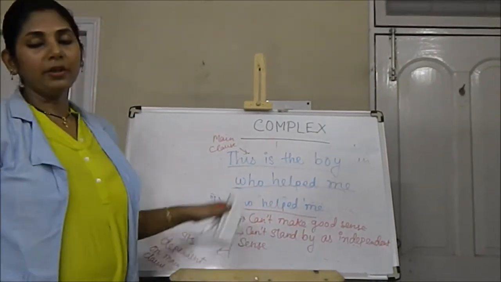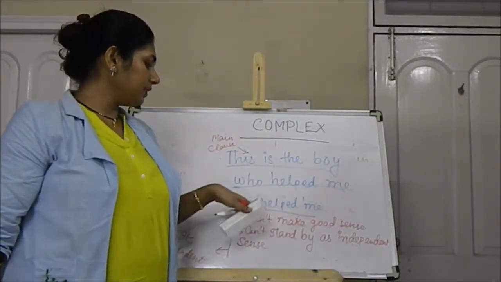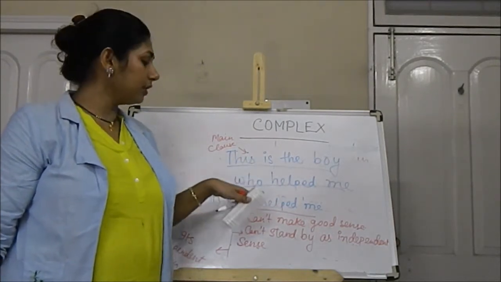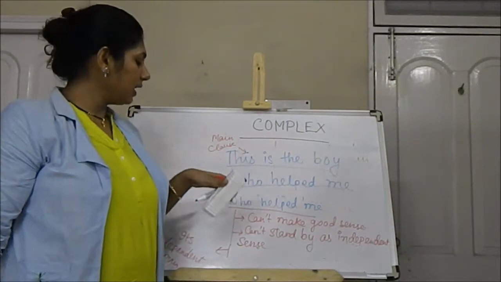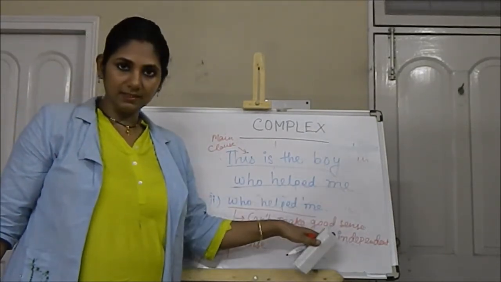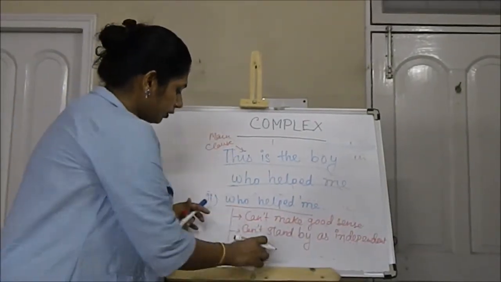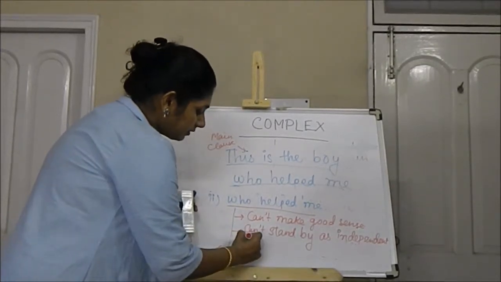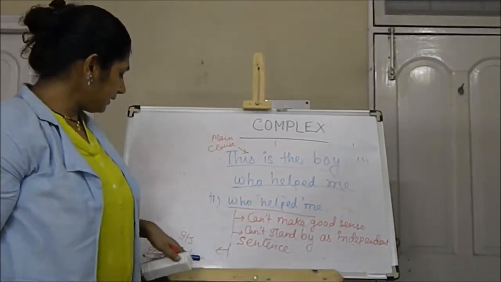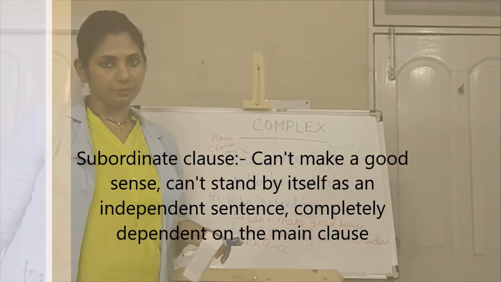So these are the points of the subordinate clause. This particular clause, I'm sorry, it's not a sentence, it's a clause, can't make good sense, can't stand by itself as an independent sentence, and it's completely dependent on the main clause or principal clause.